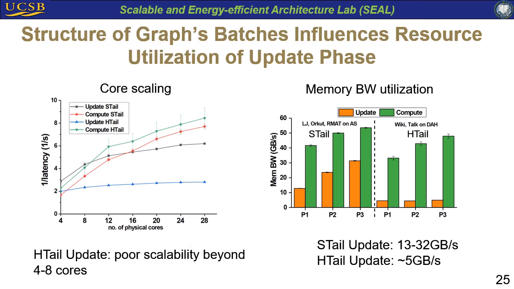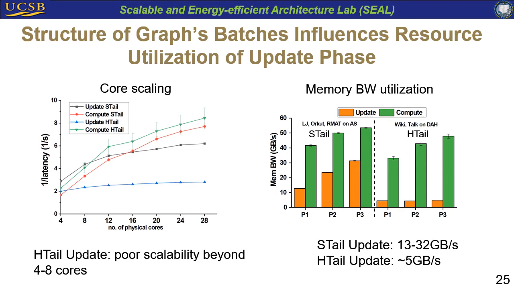For the second question, our key finding is that the underlying structure of the graph's input batches influences the resource utilization of the update phase. Once again, we support this observation using the core scaling and memory bandwidth experimental results. For the core scaling, we differentiate between the performance scalability of the update phases of the S-tail category of datasets and H-tail category.